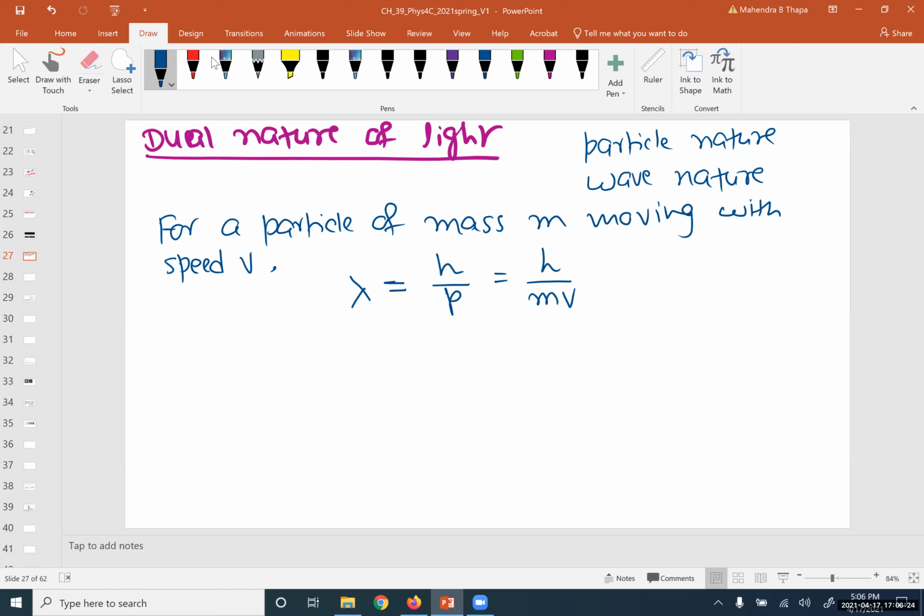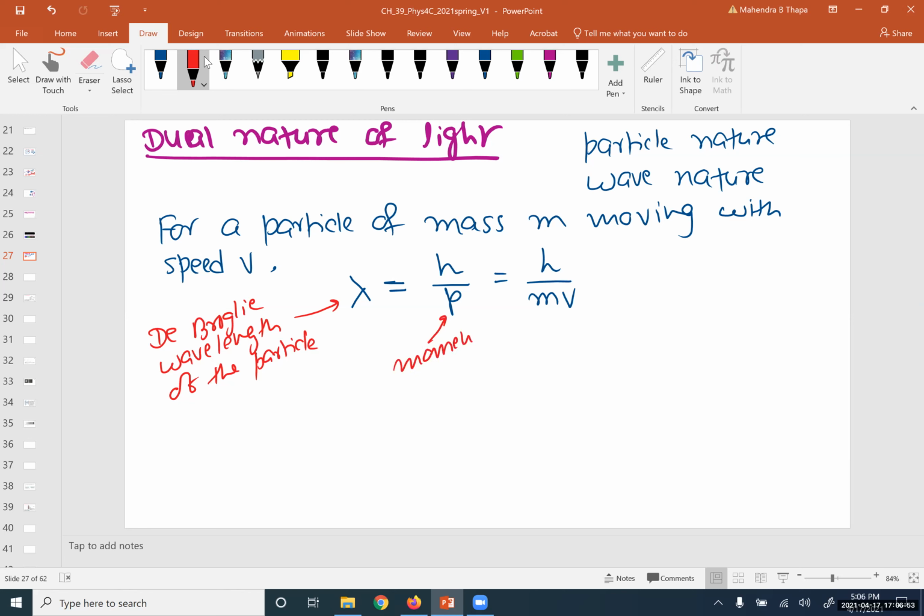This lambda, as we know from before, is called the de Broglie wavelength of the particle, and p is the momentum of the particle.